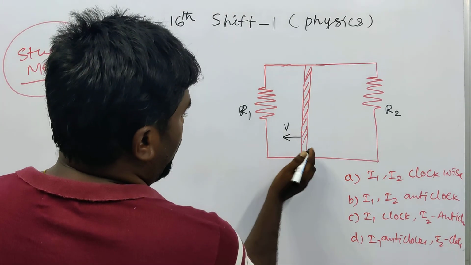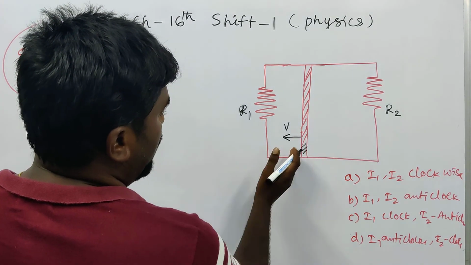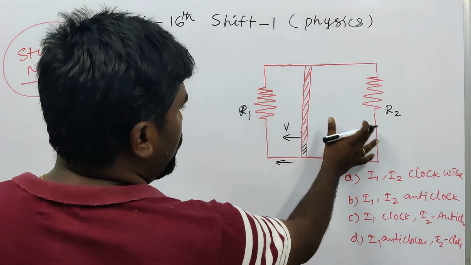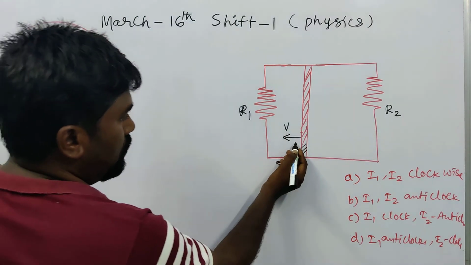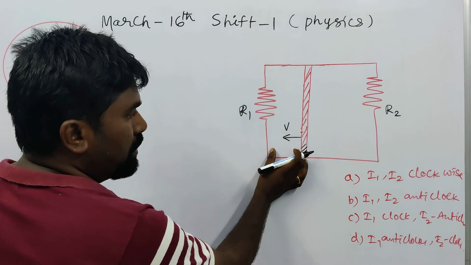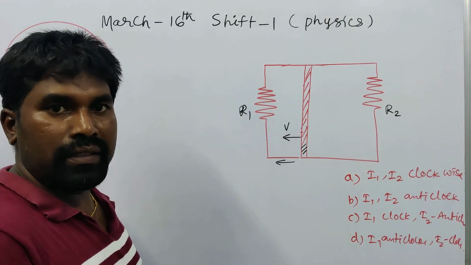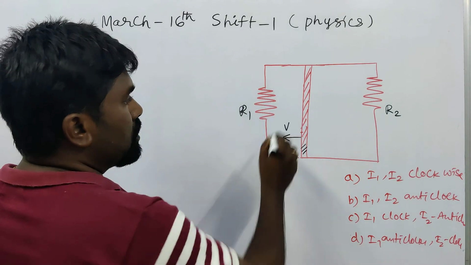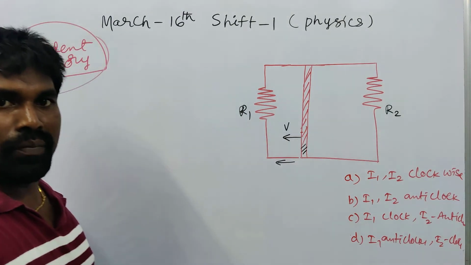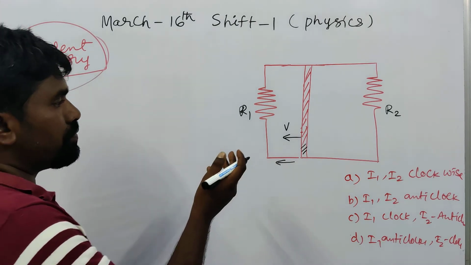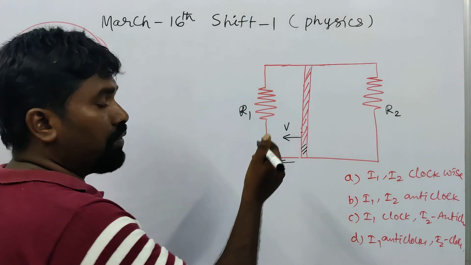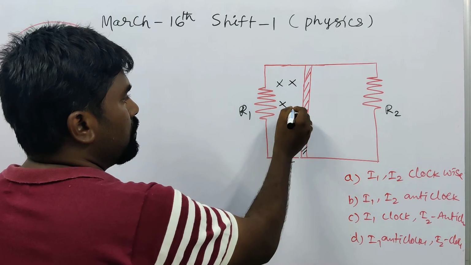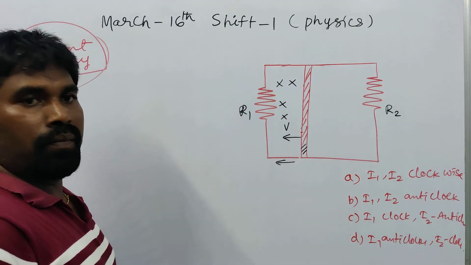Whenever the rod moves in this direction, the width of these two blocks should decrease, so the area decreases. Whenever the area decreases, the flux also decreases, right? If the flux decreases, the induced field will be inwards to the plane.